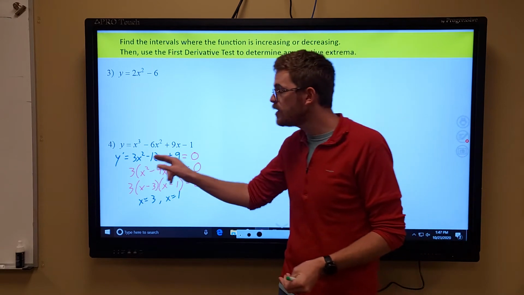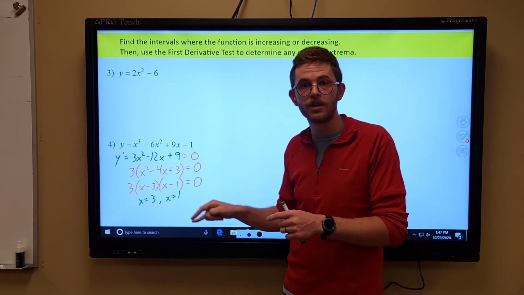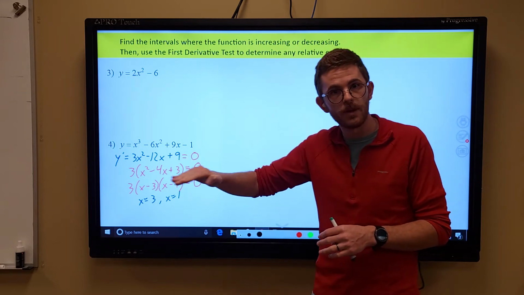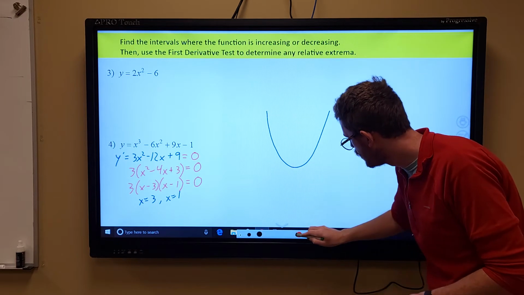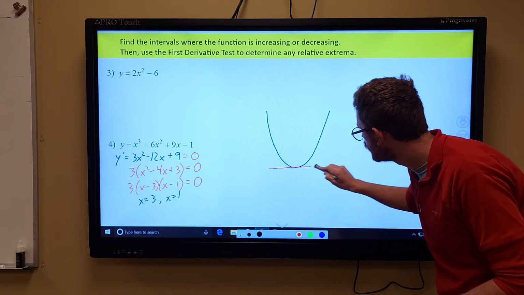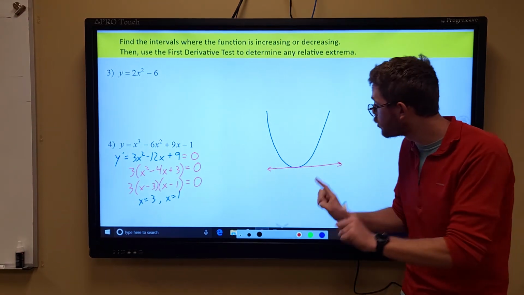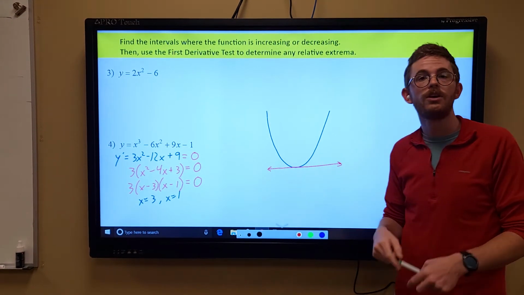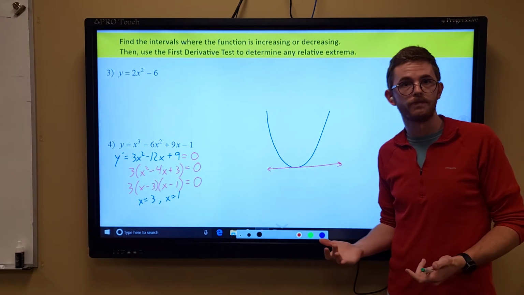Remember, your derivative equaling 0 means that is where our original function has a horizontal tangent. And if we have a horizontal tangent, you can think about that last graph, it means we're probably, not always, but probably changing directions from decreasing to increasing or vice versa.